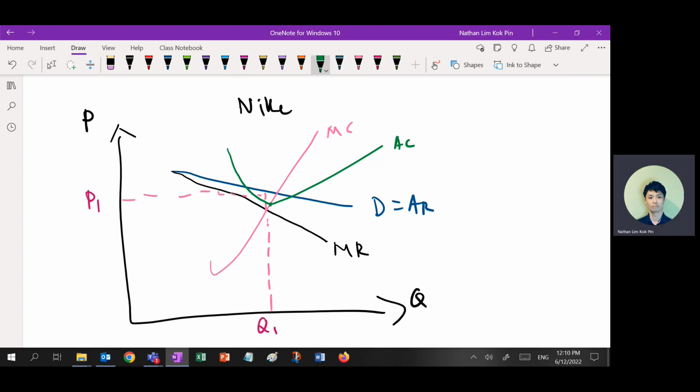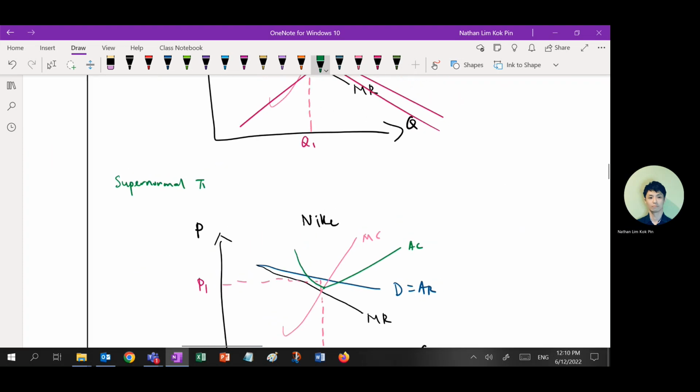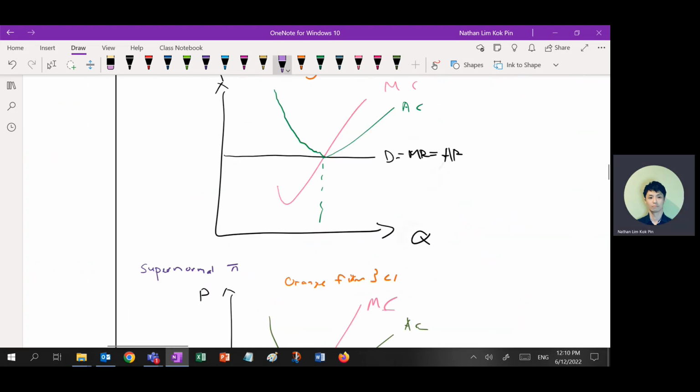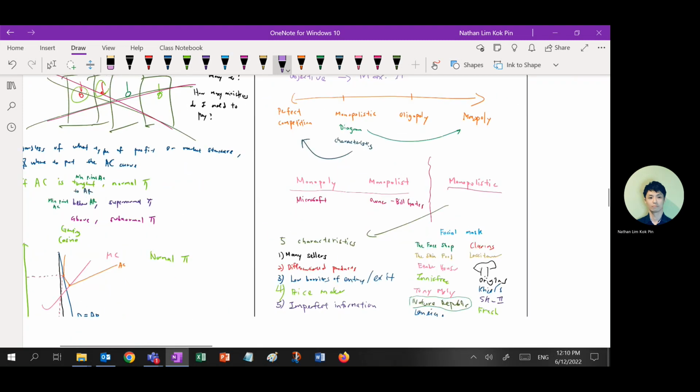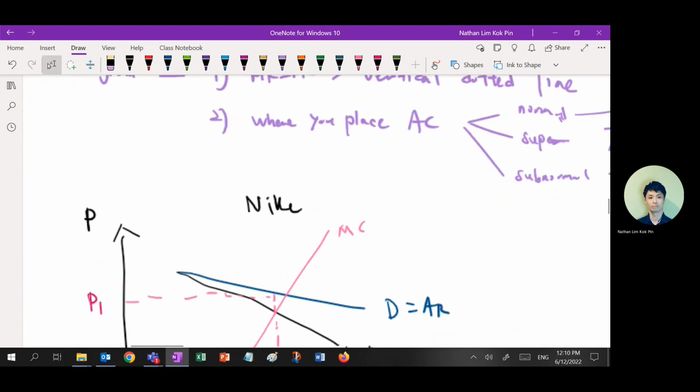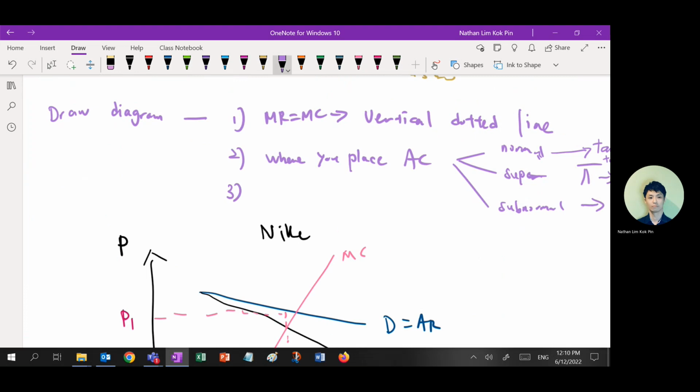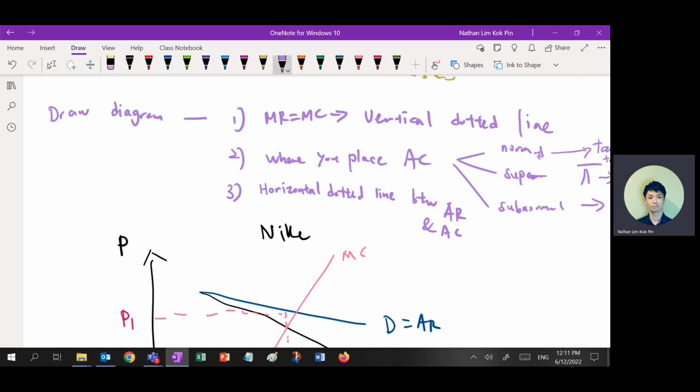Right? How to draw your horizontal dotted line? The horizontal dotted line is always between AR and AC. BTW, between, not by the way.